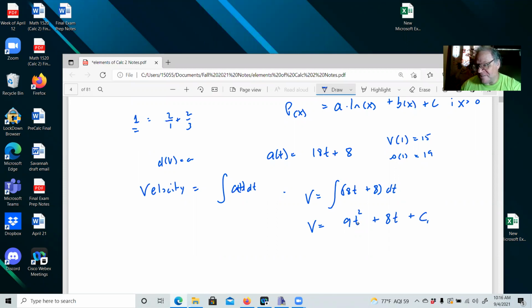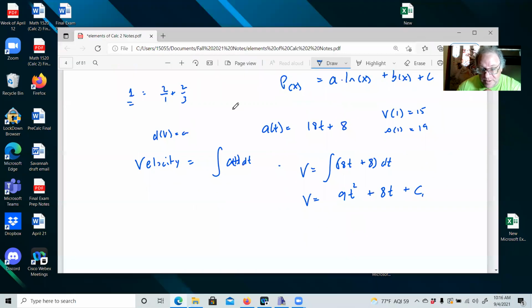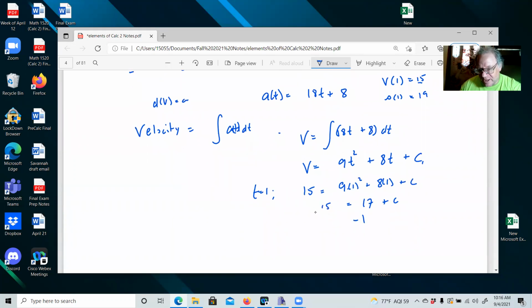We're going to have to do this again because position is the integral of velocity. But we also know that at 1, v is 15. So when t equals 1, v is 15. That is equal to 9 times 1 squared, plus 8 times 1, plus c. So it's 17, right? 9 plus 8 is 17. 15, subtract 17 from both sides. Minus 2 is equal to c.